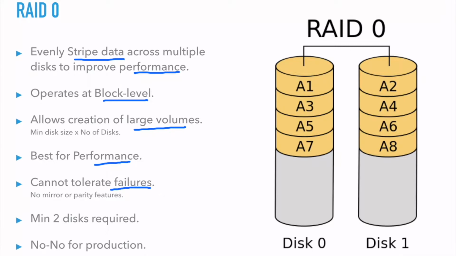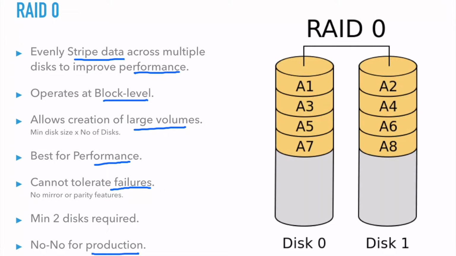So that means this is a no-no for production. We should not look at using RAID 0 on production systems. You may use it on some user-based self-learning systems which can be replicated from production, can be mirrored from production, and can have a downtime which doesn't affect business. It requires a minimum of 2 disks.